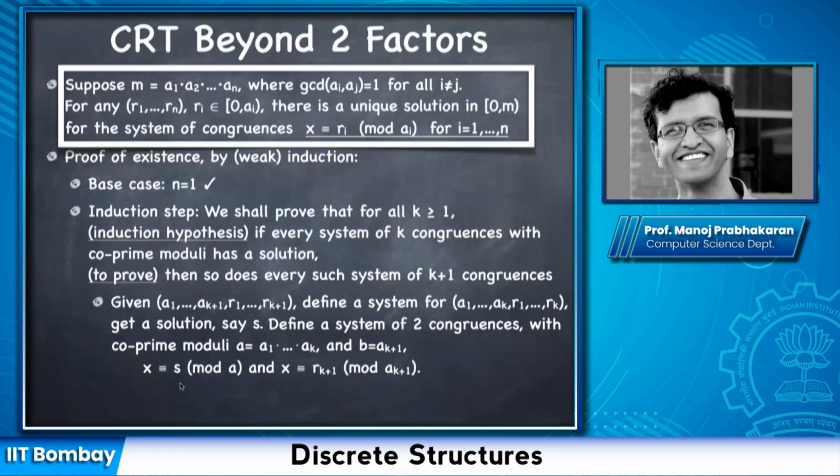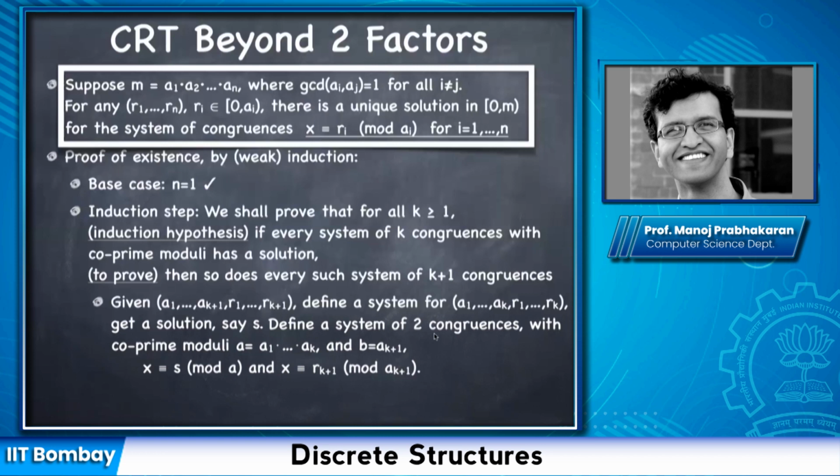And the two congruences I've defined in my system are: X is congruent to S modulo A and congruent to RK plus 1 modulo AK plus 1. So this was a thing I had kept aside while defining the smaller system. So that now shows up as the second congruence in the new system I'm defining now, right.